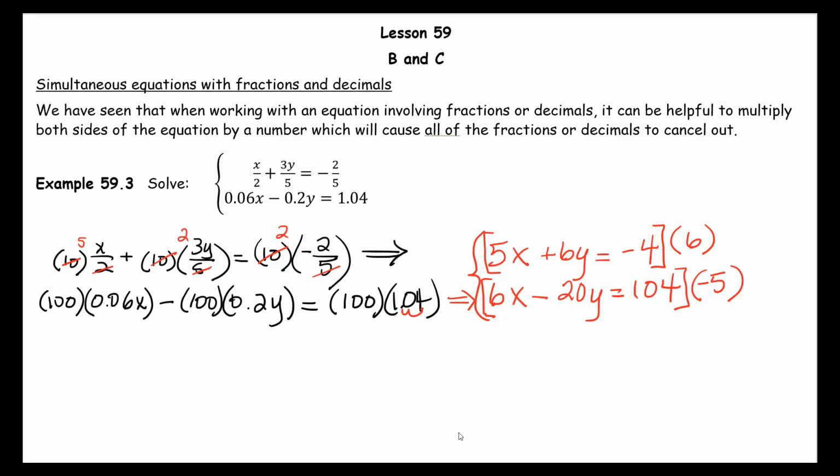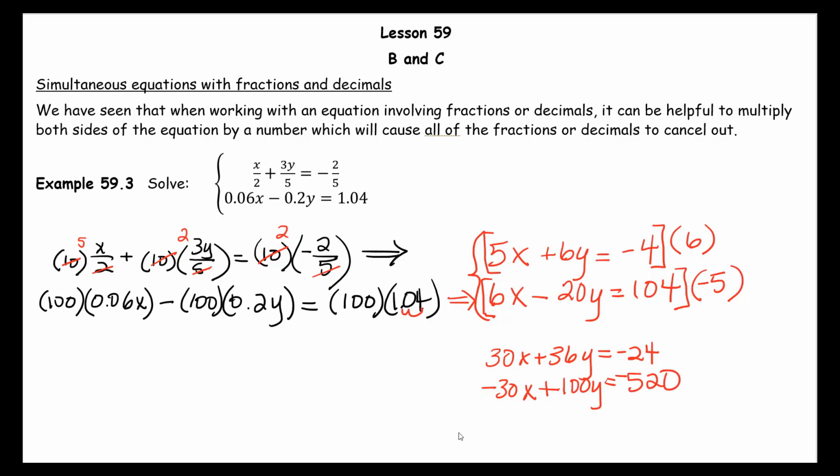So if I multiply the whole first equation by 6, I'm going to have 30x plus 36y equals -24. If I multiply the whole second equation through by -5, I'm going to have negative 30x plus 100y equals 520.